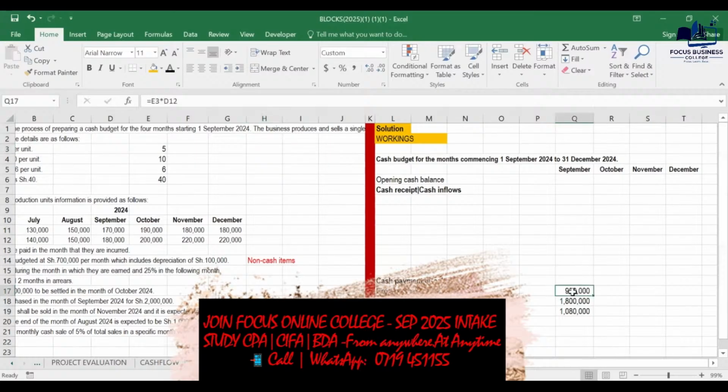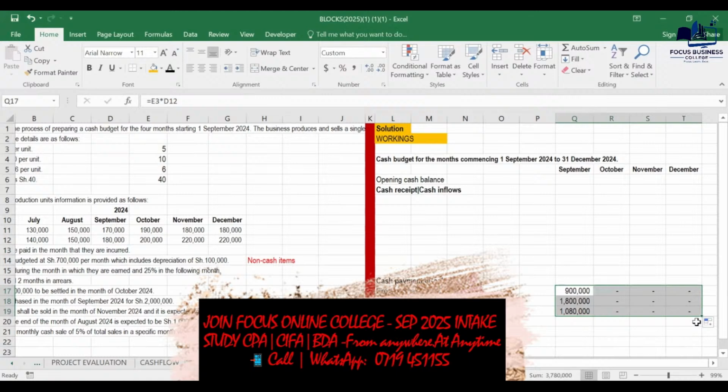No. So basically, in computing this direct material cost, there is something which will not change. This direct material cost per unit will not change. So therefore, I can just lock this one. Okay. Even before we do that, can we pick this particular formula, we apply it across, we see whether it will work for us.